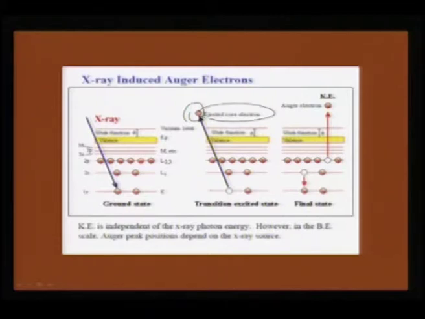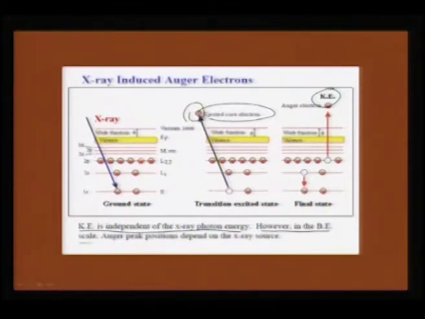And when we think of the Auger electron, it is the energy that is translated from one of these shells to the vacuum level. So, the kinetic energy of the Auger electron is going to be completely different, or will be less than the kinetic energy of the photoelectron. However, the kinetic energy is independent of the X-ray photon energy as far as the Auger electron is concerned.